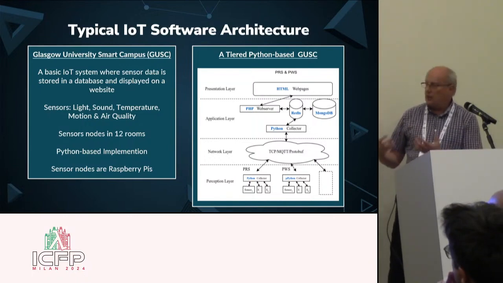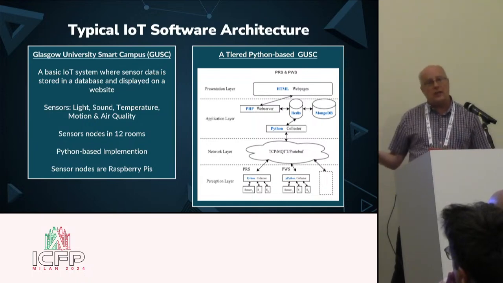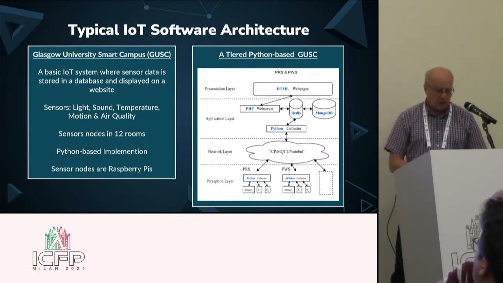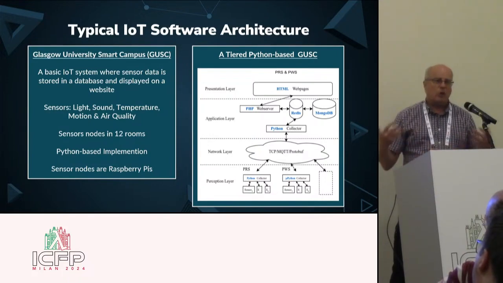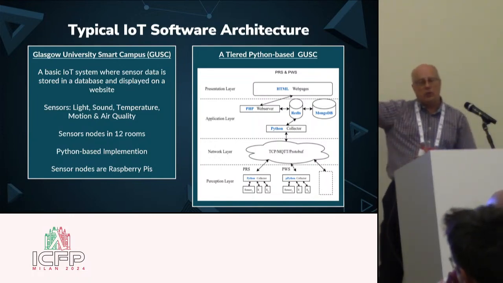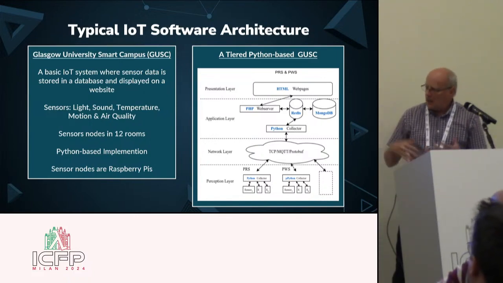The server does the application logic, whatever that is, also stores the data, usually in a time series database, and serves it to the web clients. The stuff in blue on the slide is the different languages and protocols being used, and these are the languages used in the original Python implementation of GUSC.